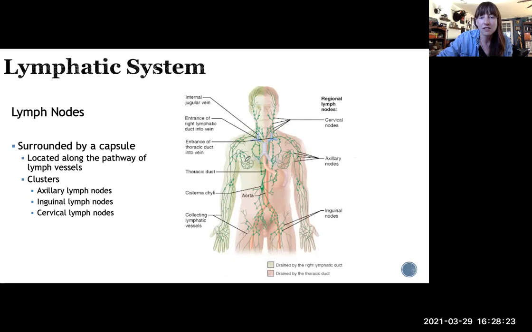They are concentrated in areas where the lymphatic vessels do a lot of branching: the axillary area, which is your armpit, the inguinal area, which is your groin, and the cervical area, which is your neck. So they tend to cluster in those areas.